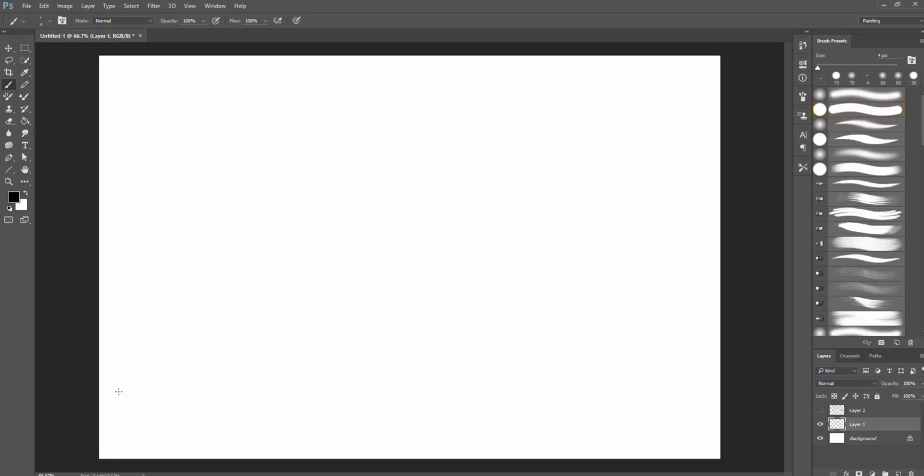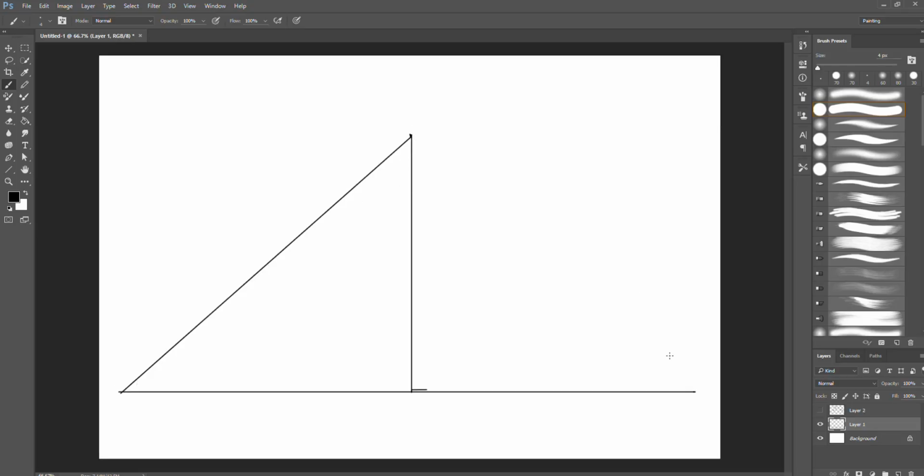Just as a brief recap, it is also possible to have a single object with more than two vanishing points. For example, let's say that I'm drawing a tall building. I'm placing my sides on the building. I might get the sense that, oh, that doesn't quite feel tall enough.